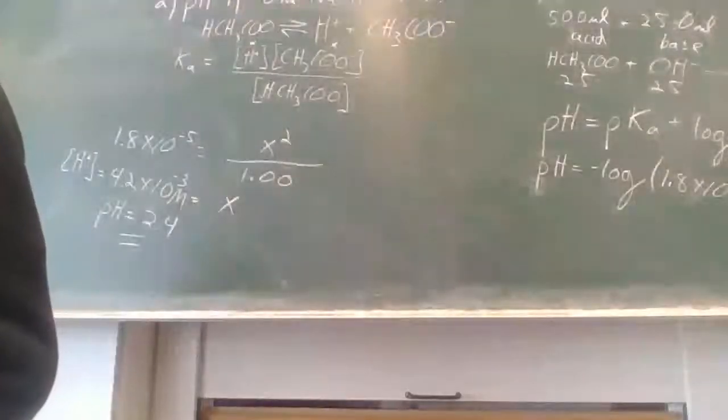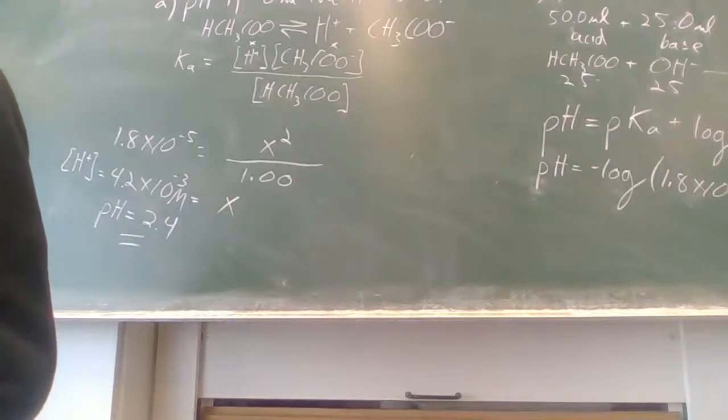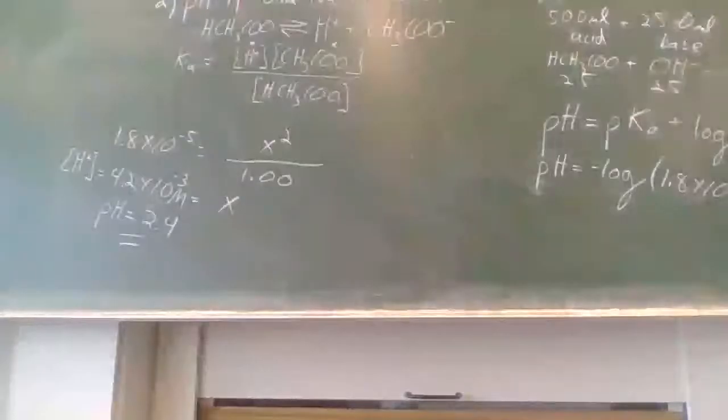Will be 25 milliliters of the acid left over and then 25 milliliters of converted base in the solution of water. Maybe that's the easiest way to think of it. To be honest, I now double the amount of liquid, don't I? So maybe they're both 0.5 and 0.5, but does it matter? Doesn't, right? So let's just do it the way Lola suggested. I got 25 milliliters of both.